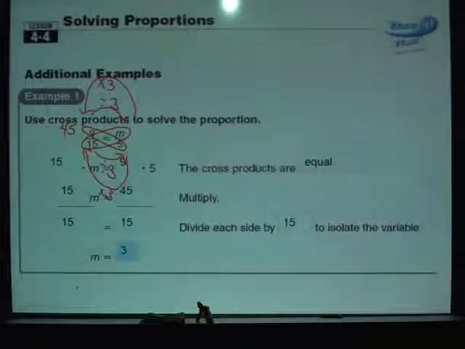But if you don't have something simple to work with, it's going to be more difficult. If I said, how do we get from 5 to 17.29, most of you can't easily identify what I'd multiply 5 by to get to 17.29. In which case, stick with the idea of the cross products.